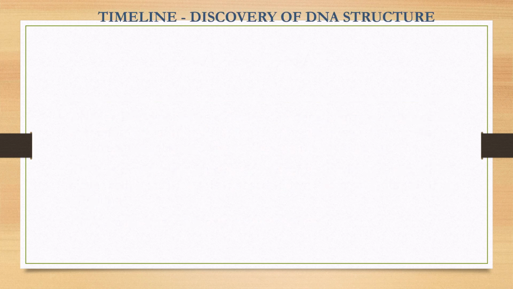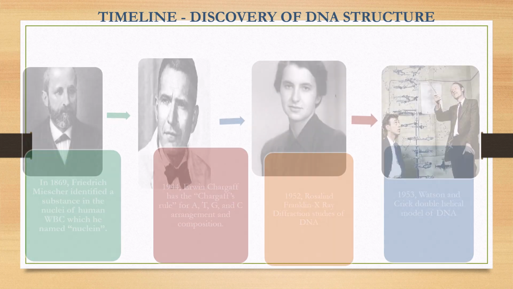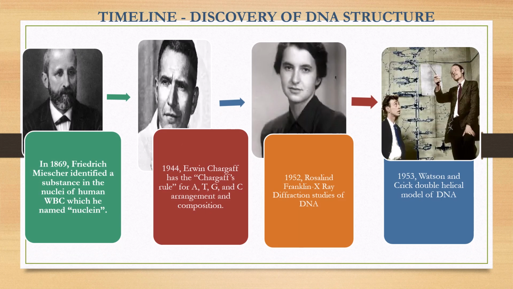Let's have a brief introduction to the historical events which led to the discovery of DNA structure. In 1869, Friedrich Miescher identified a substance in the nuclei of human white blood cells which he called nuclein.